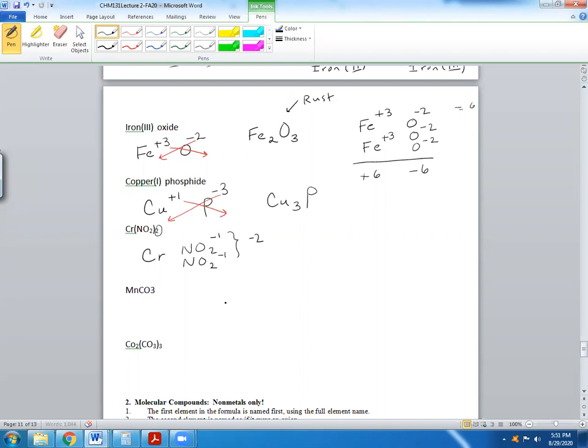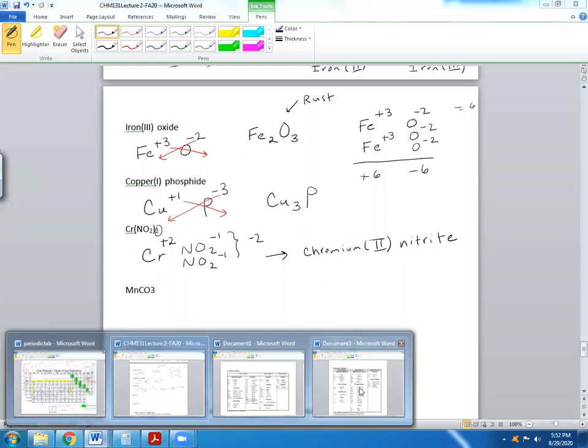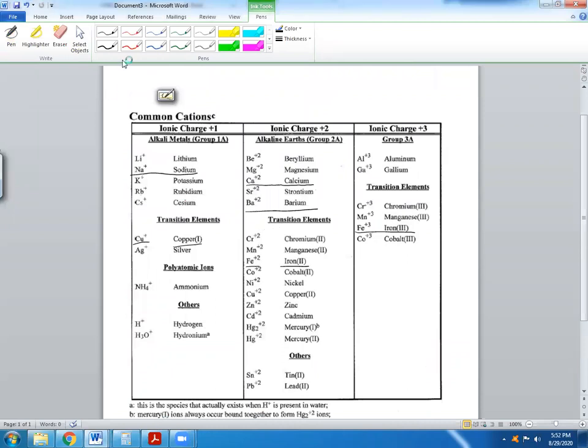Again, go back to what we did before. What would be the charge of this if this is a -2? Or why did we need 2 of them? Because this must be a +2. Correct. So therefore, when we name this, we go find what Cr +2. That's going to be really chromium 2, but we can go and look it up. Nitrite, because that's the name of these. Here's chromium 2.